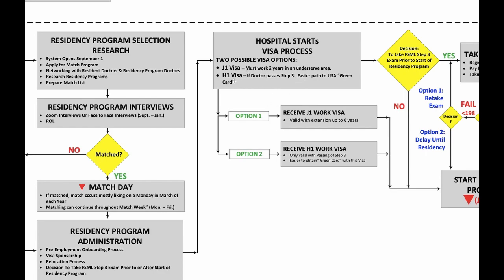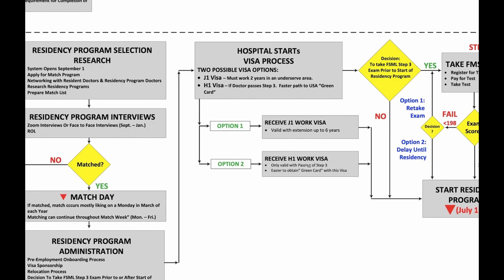And there are different circumstances where you can have one or the other. If you're applying to stay in the States in the long term, the H1 is usually the ideal. For the J1, in some cases it will require you to return to your country for 2 years, or in other cases you can work in an underserved area in the States. So there you go, you've got the 2 options.